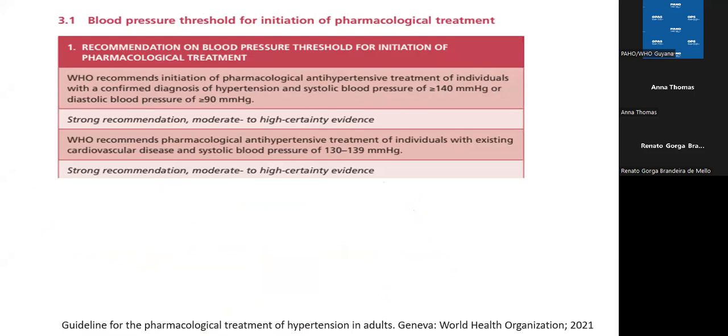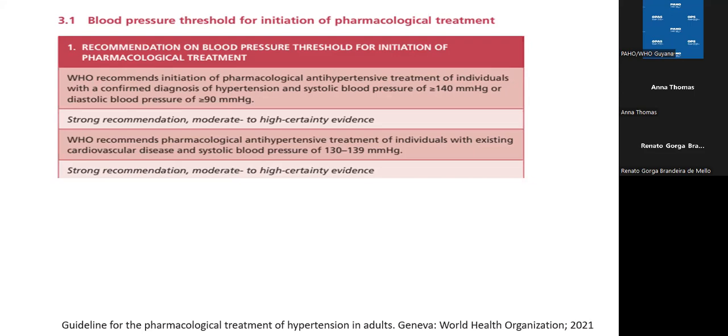The WHO recommends initiation of pharmacological antihypertensive treatment of individuals with a confirmed diagnosis of hypertension and systolic blood pressure of 140 or greater, or diastolic blood pressure of 90 millimeters of mercury or greater. This is a strong recommendation.